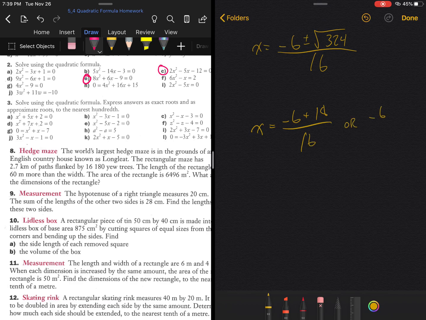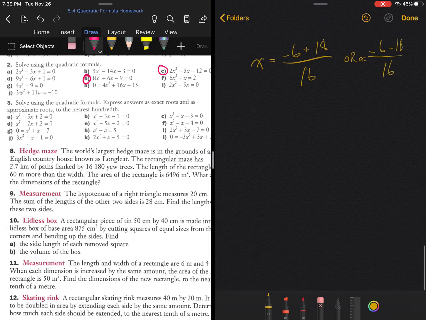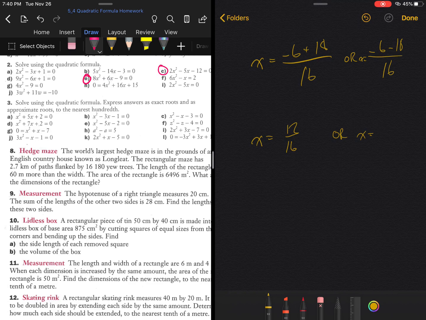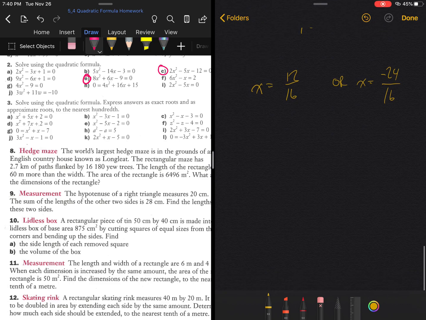x equals minus 6 plus 18 over 16, or x equals minus 6 minus 18 over 16, in which case x is equal to 12 over 16, or x is equal to minus 24 over 16.